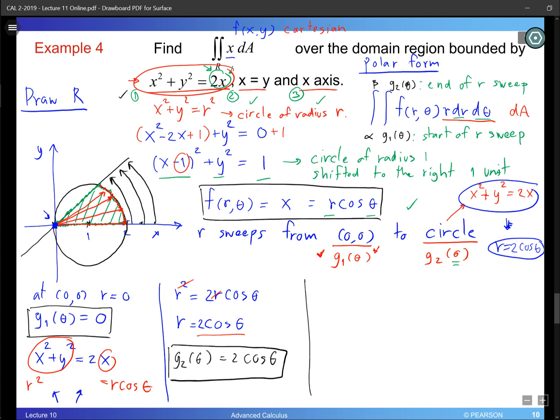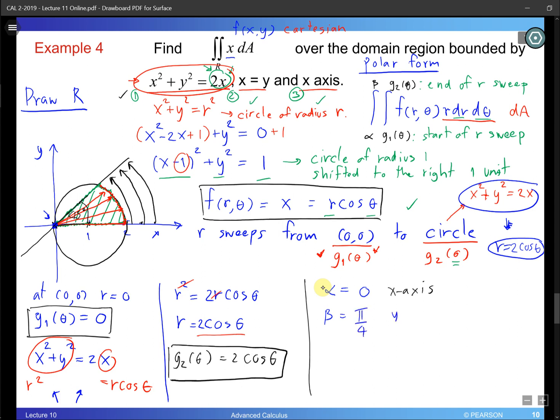Sweep like this. And from the look of this, you can tell that the angle that y equals x makes to the x-axis is 45 degrees, which means that theta is going to sweep starting from alpha equal to 0, which is the x-axis, and ends on the y equals x line, which means that beta is going to be equal to pi over 4.